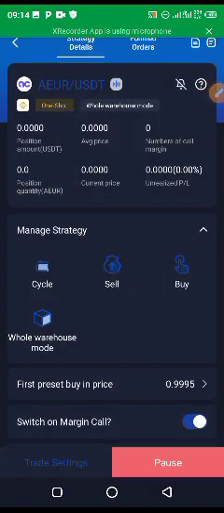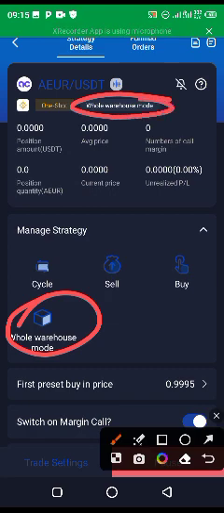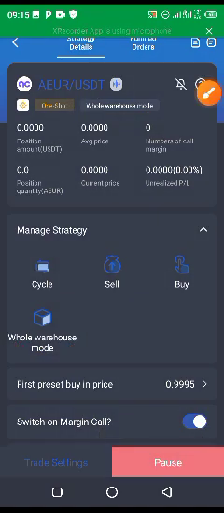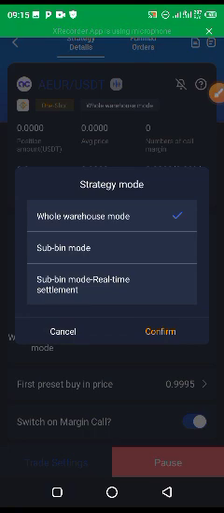Then whole warehouse. Don't trade in whole warehouse. You change it to sub-position mode, real-time settlement. If it is in whole warehouse, you can see it here, so you tap there and change it. I understand. You trade on sub-position mode, real-time settlement.